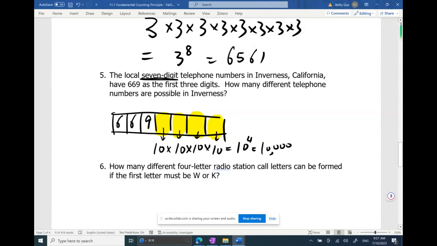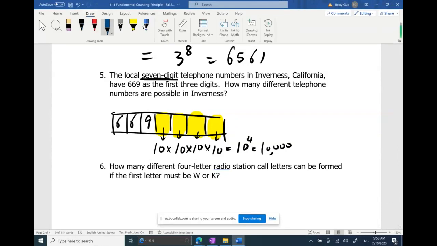So that means in that town of California, we only have 10,000 different telephone numbers possible. If the population increases in that town, they probably would do this.